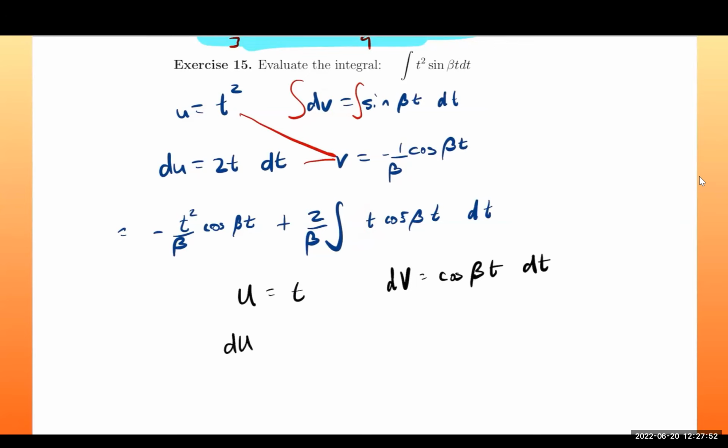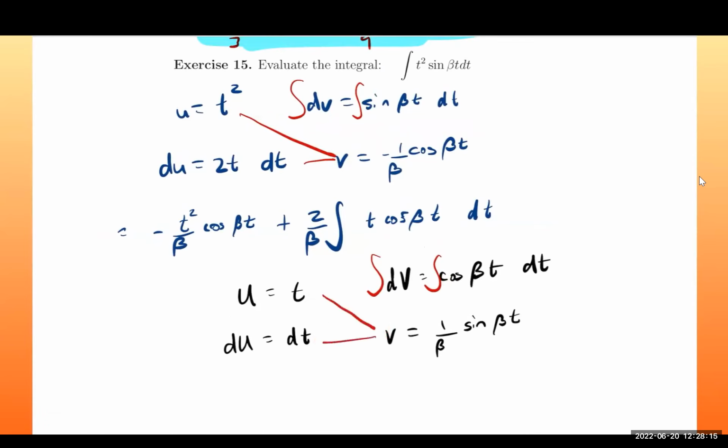Right, so let's repeat this. Differentiate U, you get 1, and the dt moves to the right side. Integrate both sides. If you integrate, you're going to get V equals 1 over beta sine beta t. All right, so that looks good.